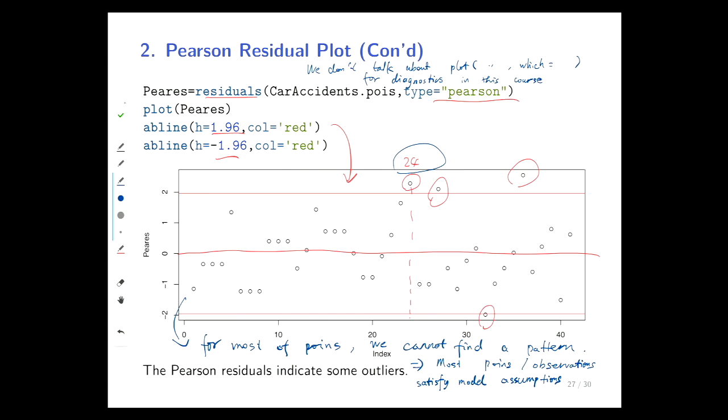And here, this model assumption means all 3 assumptions.